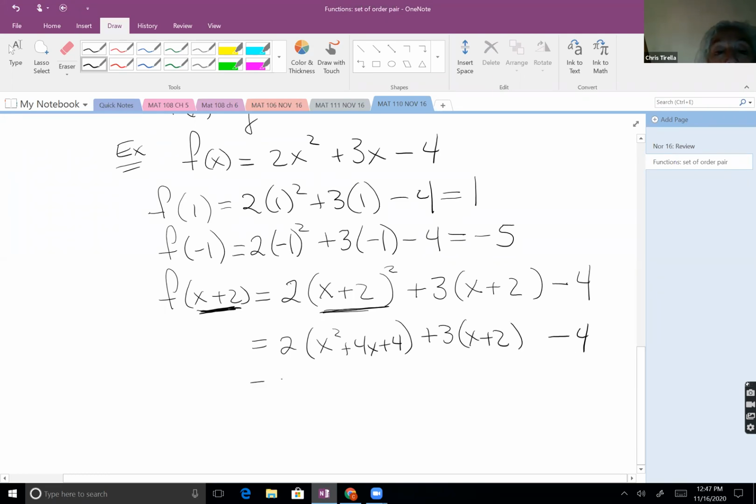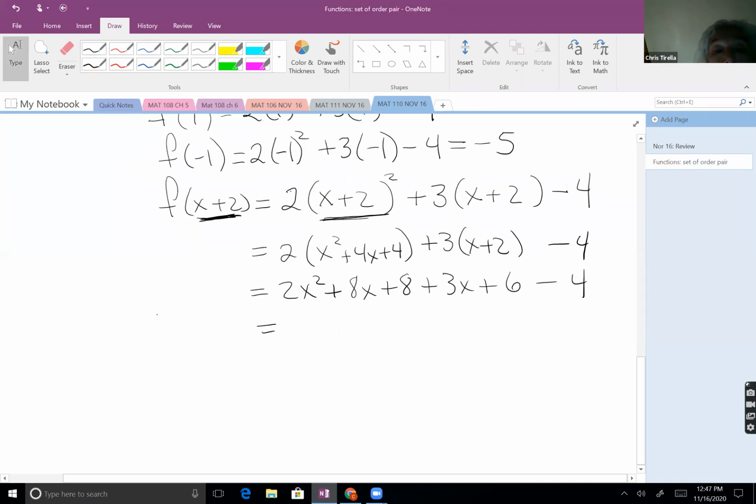Then we'd need to distribute, giving me 2x squared plus 8x plus 8 plus 3x plus 6 minus 4. And then combining like terms, it would be 2x squared plus, let's see, that would give me 11x, and then 14 minus 4 is 10.